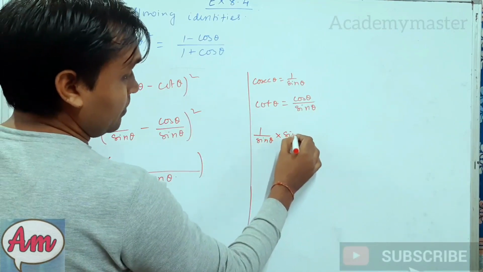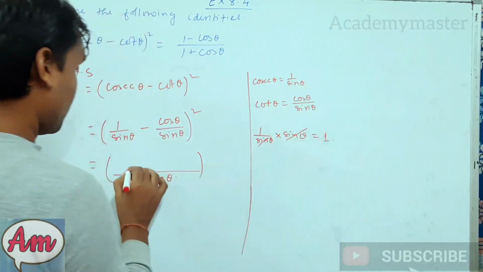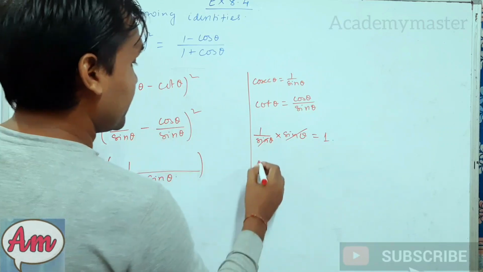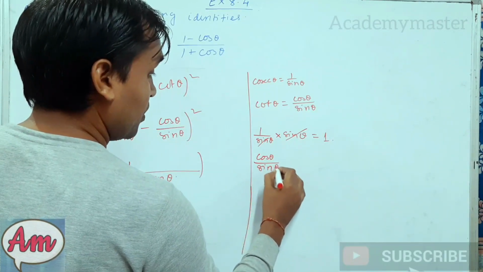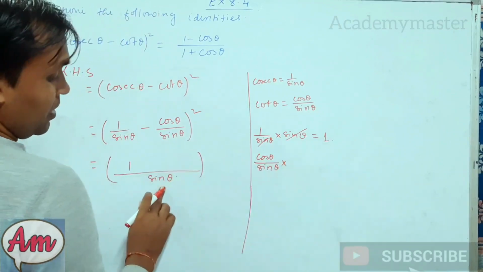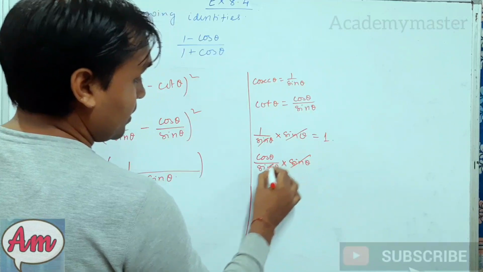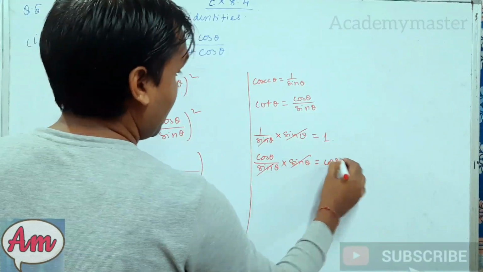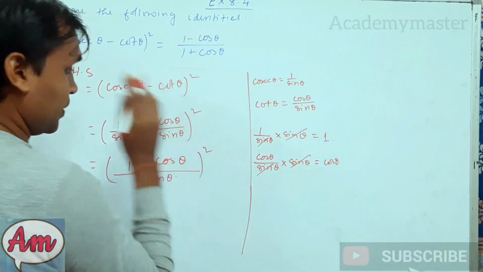Sin theta. So sin theta cancels, equals 1, so we'll write here 1. Now again, what is the fraction here? Cos theta by sin theta, into the LCM sin theta. Sin theta cancels, what is left here? Cos theta. So we'll write here minus cos theta, whole square.